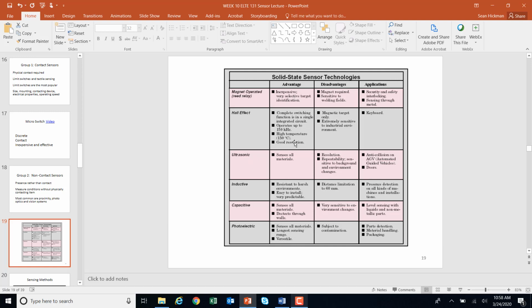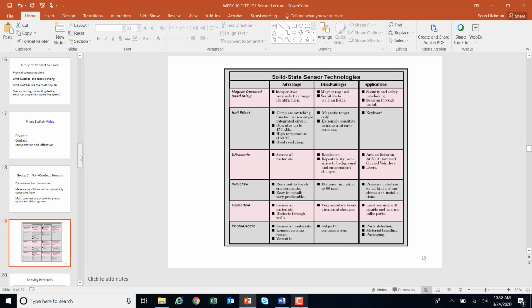You need to understand these. For example, ultrasonic would use some type of sound, right? Photoelectric is going to use light. Magnetic operated relay is going to use a magnet. So take a look at these and be sure you fully understand that PowerPoint.